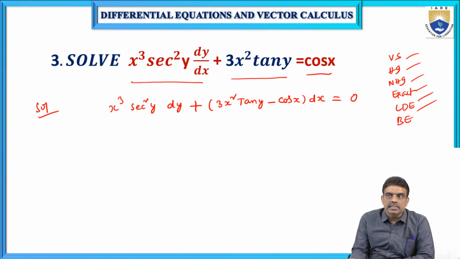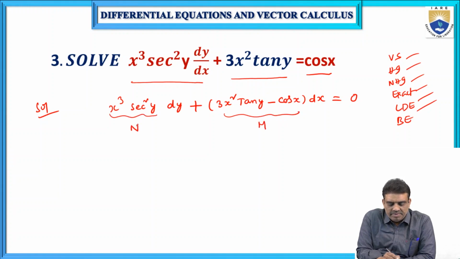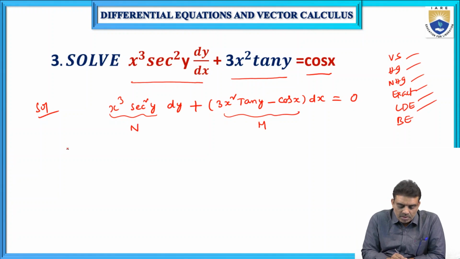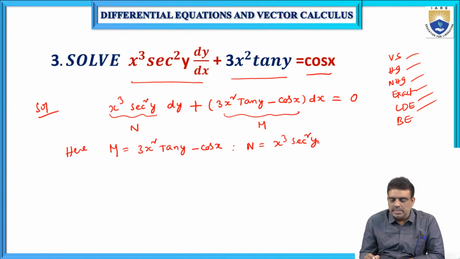This is M dx plus N dy is equal to 0. Here M is equal to 3x square tan y minus cos x, and N is equal to x cube sec square y.